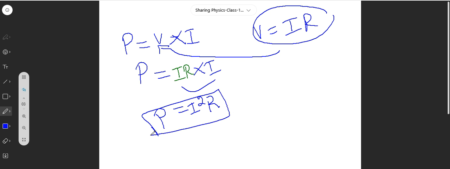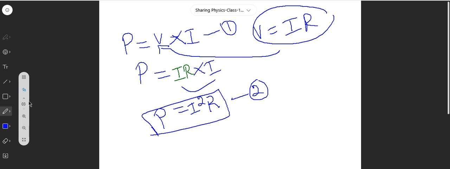I'm using a different color to make that clear for you. So instead of V, what I'm writing now is IR. But already I have I, so that will be written as it is. Now these two I's multiplied together will give you I squared R, right? So the power has one more formula. This is the second formula. The one we have done first is the first formula.